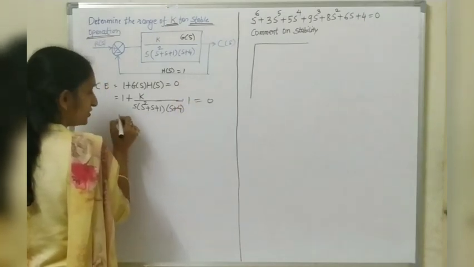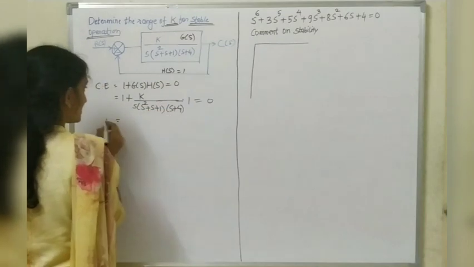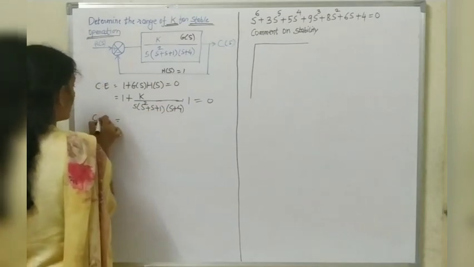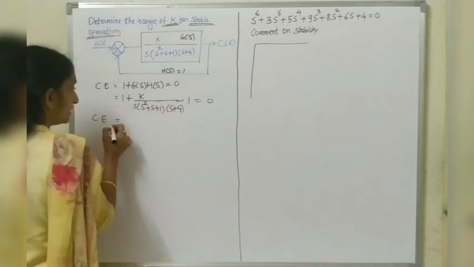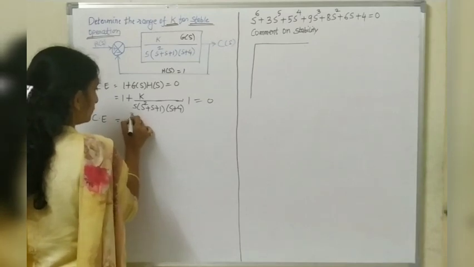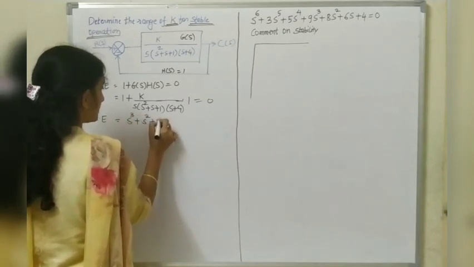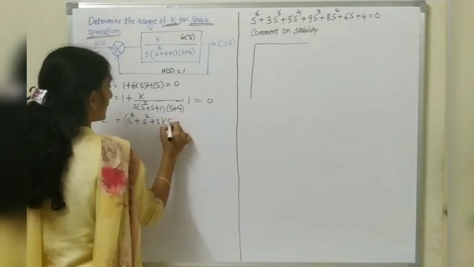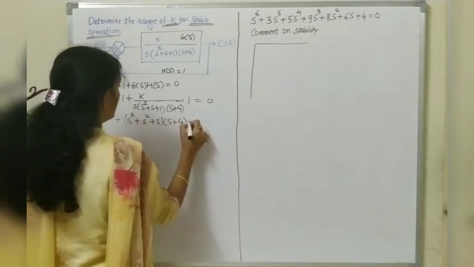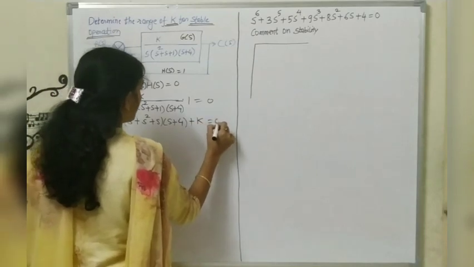So I will rearrange this and I will get the characteristic equation. It will be s cube plus s square plus s, multiplied again with s plus 4, plus k is equal to 0.